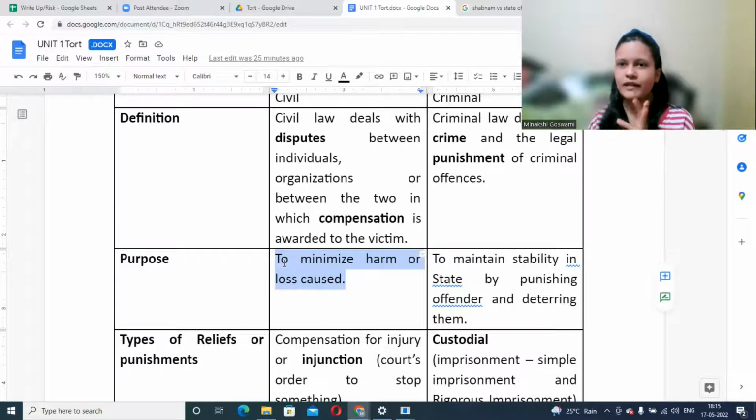So law will try to ensure that your harm is minimized. Law will ask me, if you are not able to perform the contract, you pay him compensation. Compensation will help you minimize the harm. Whatever loss you have suffered, at least that would be reduced to some extent. That is the main aim in case of civil. Mostly you would see compensations being awarded. There are other reliefs also, but compensation is the most common one.